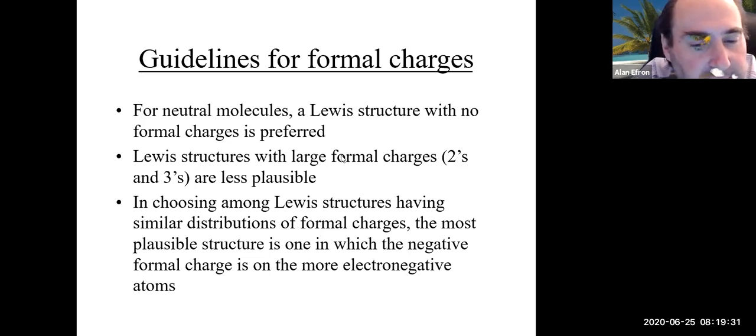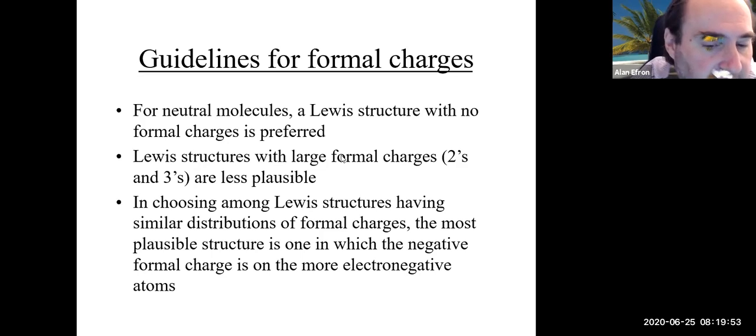And here are some general rules you could use to help you do that. If you have a neutral molecule, a Lewis structure with no formal charge is preferred. So if you can hit zeros everywhere as you calculate the formal charge, that's the best situation to have.